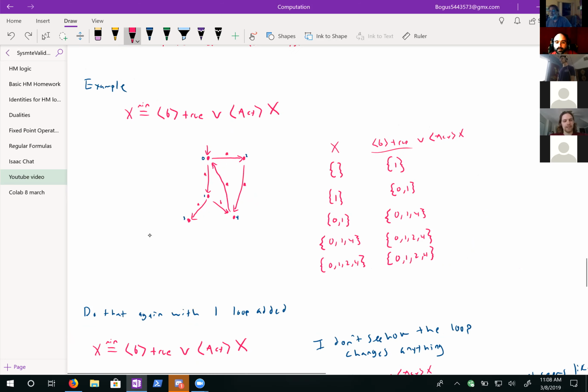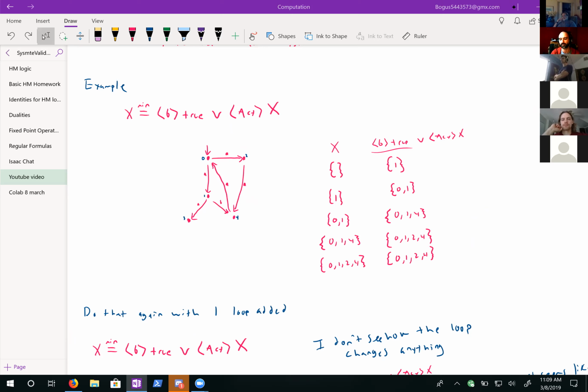I have one thing that confuses me, and this was also confusing me in Greg's lecture. For the maximum fixed point, we are starting with a set of all terms, but if we want to exclude something, we must remember what we are excluding.